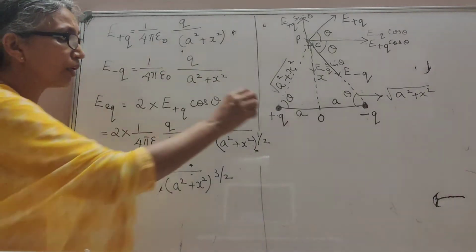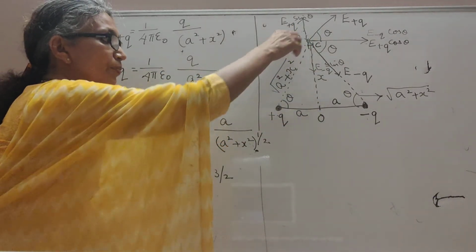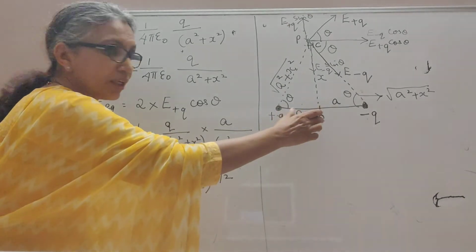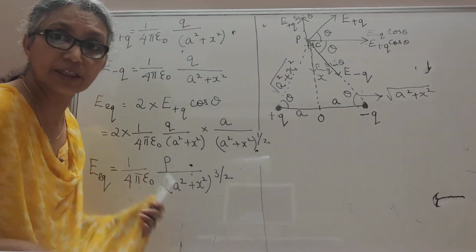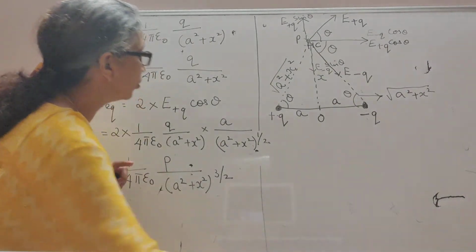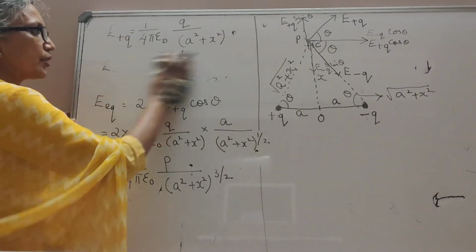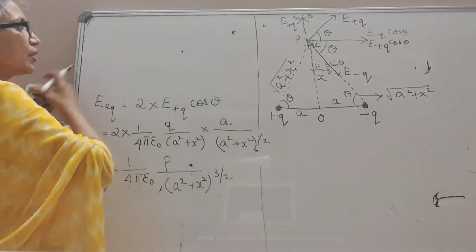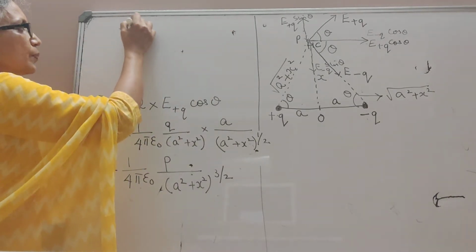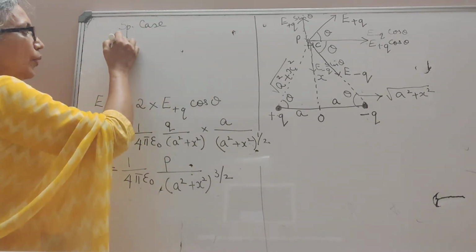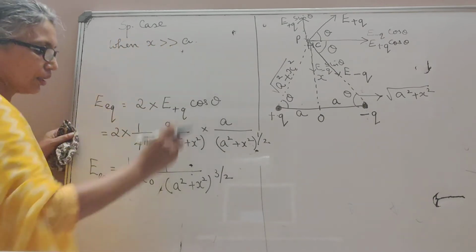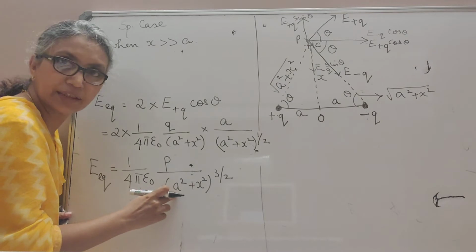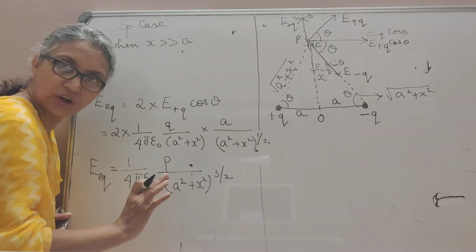Now like the last derivation, we will take the special case here. Special case is when this distance X is much larger than this A. Suppose your point P is very far away from the dipole, then X is much greater than A. In this formula I can neglect the A, so that this A is gone.